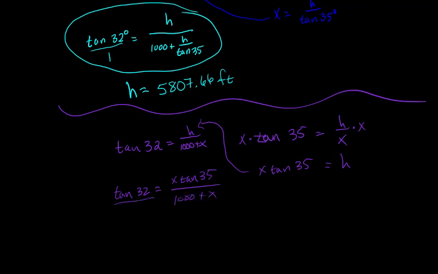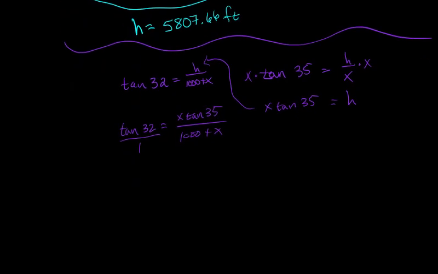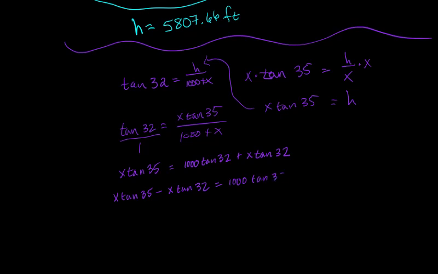And then that way you can think of this as a proportion, and you can cross multiply. So you would have x times the tangent of 35 equals 1,000 times the tangent of 32 plus x times the tangent of 32. You're going to have to distribute that. Then I'm going to get the x's all on the same side, so I'd subtract. So I'd have x times the tangent of 35, minus x times the tangent of 32 equals 1,000 tangent of 32.